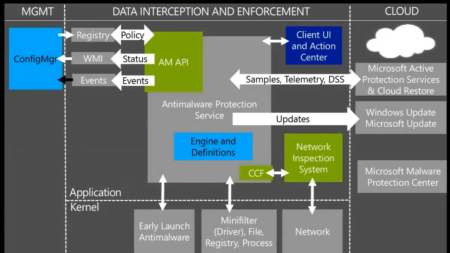I'll talk a little bit more about that in a later slide, but Dynamic Signature Service is our ability to, when we find an unknown threat, something looks fishy, but we don't have a definition for it yet, we can actually poll the Microsoft Active Protection Service and get the latest pre-published definition from that service onto that client to get it protected. So we do some telemetry sampling there. We send that up. It checks against known threats that haven't yet been published to Windows Update, and it'll bring down that definition if it needs it.